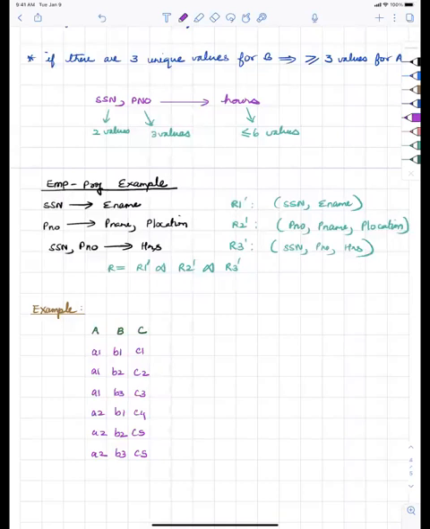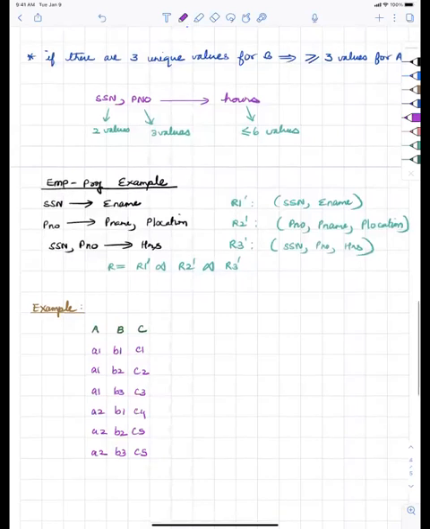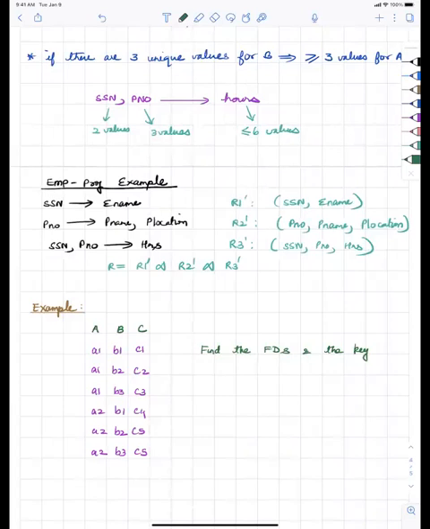These are the two things I would like you to figure out. A key is something that will determine all the other attributes in the table.